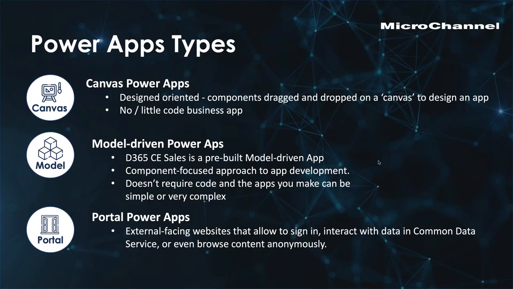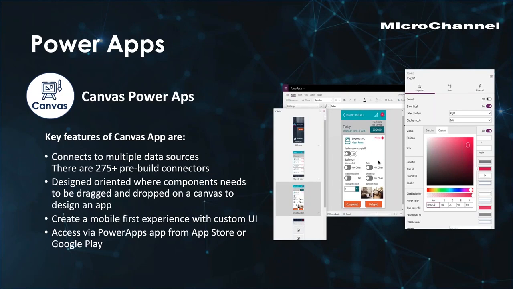So the Canvas apps, this is where you have full design control of every pixel that you want to build. These are really meant for design-perfect scenarios where you want to display exactly all the components as you have in mind.